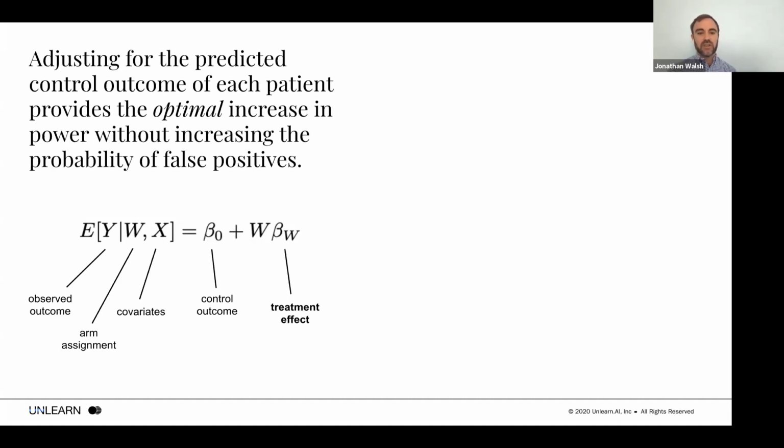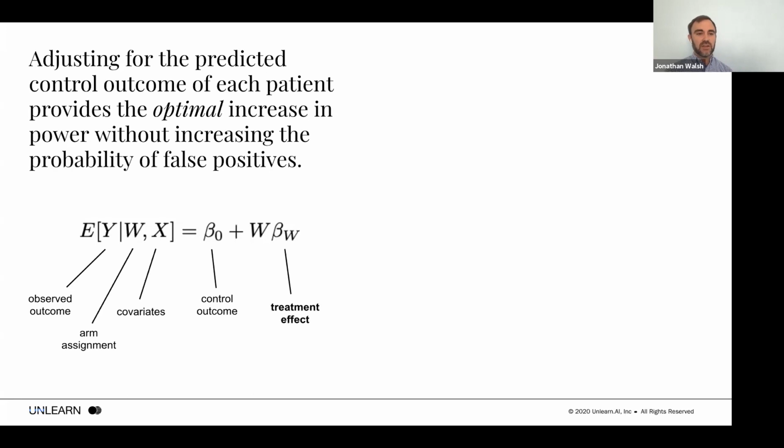So for a subject in a control arm, we're measuring some control outcome, and we can estimate the average control outcome, beta naught. For subjects in the treatment arm, we want to measure the difference between their outcomes and the control subjects' outcomes, and we call this the treatment effect, or beta W. So we're going to focus on beta W here and come back to beta naught shortly.